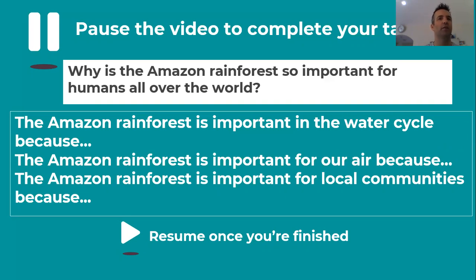So firstly, the Amazon rainforest is important in the water cycle because... Next one, the Amazon rainforest is important for our air because... And the Amazon rainforest is important for local communities because... So if you want to go back and rewind the video to recap some of those pieces of information, you can. But see if you can say those sentences and finish them off for me. So pause the video now and have a go.